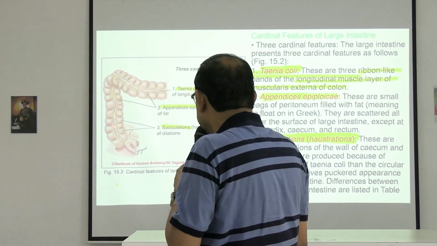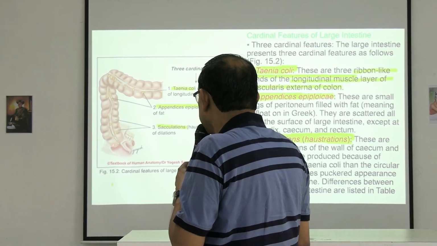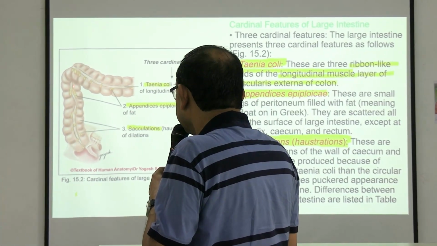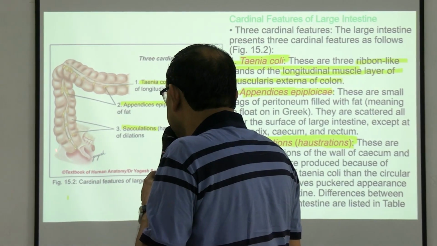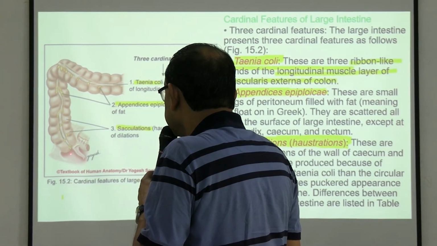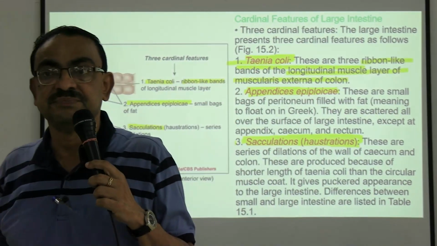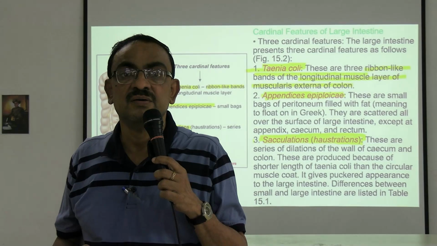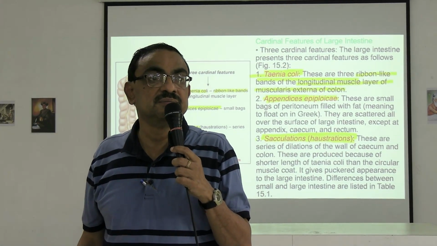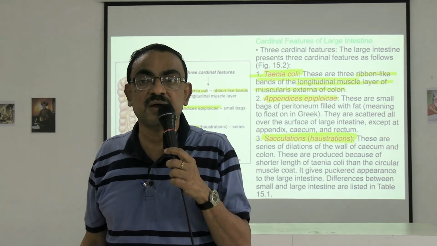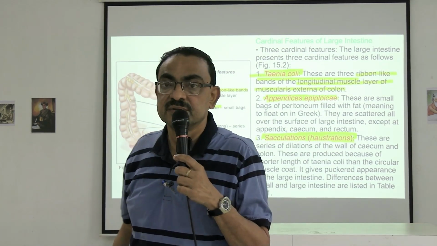We can find this linear line, this is the tenia libera, and on the medial side and the lateral side we get tenia mesocolica and tenia omentalis. These are 3 bands of longitudinal muscular fibers. So that is one of the important features.